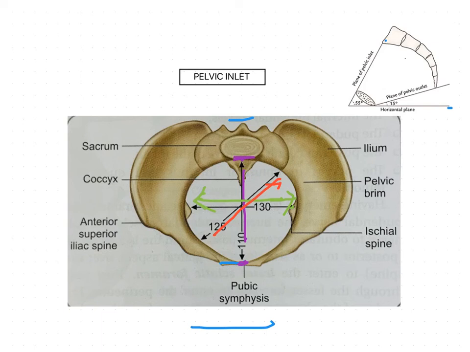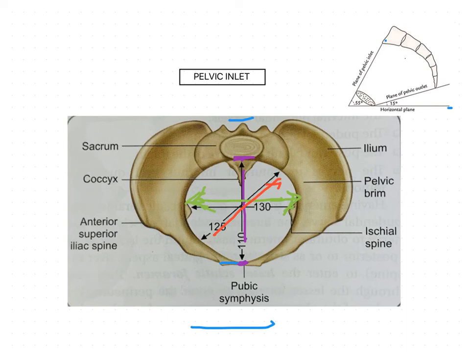This is called the maximum transverse diameter of the pelvic inlet. That means throughout the pelvis, the area that forms the maximum transverse measurement forms the transverse diameter of the pelvic inlet.